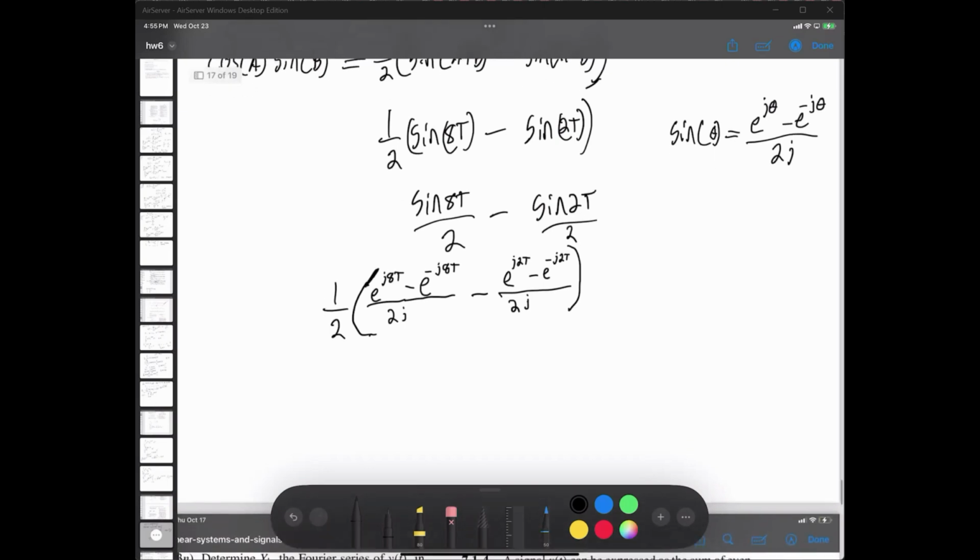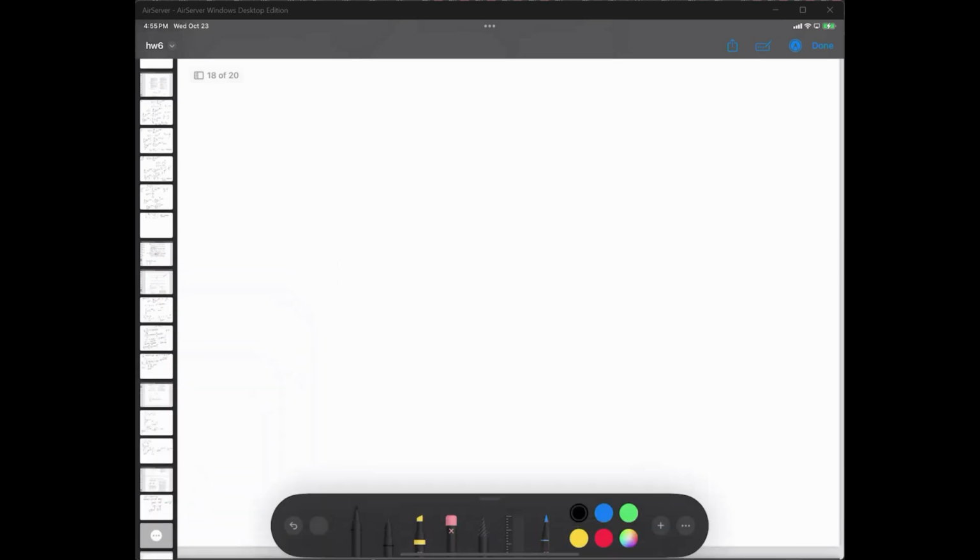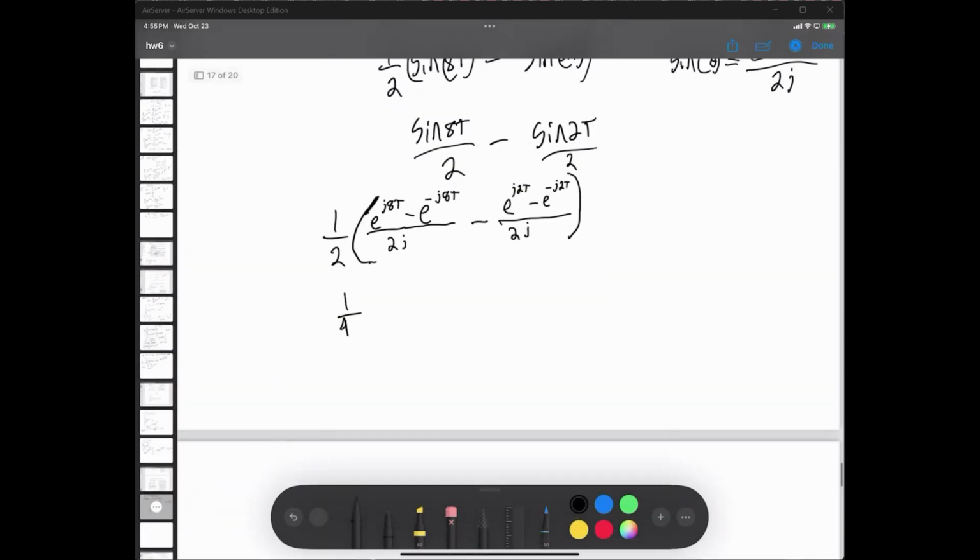From here, we'll factor out the 2j, and I'll get 1 over 4j times e to the j 8t minus e to the negative j 8t minus e to the j 2t plus e to the negative j 2t.